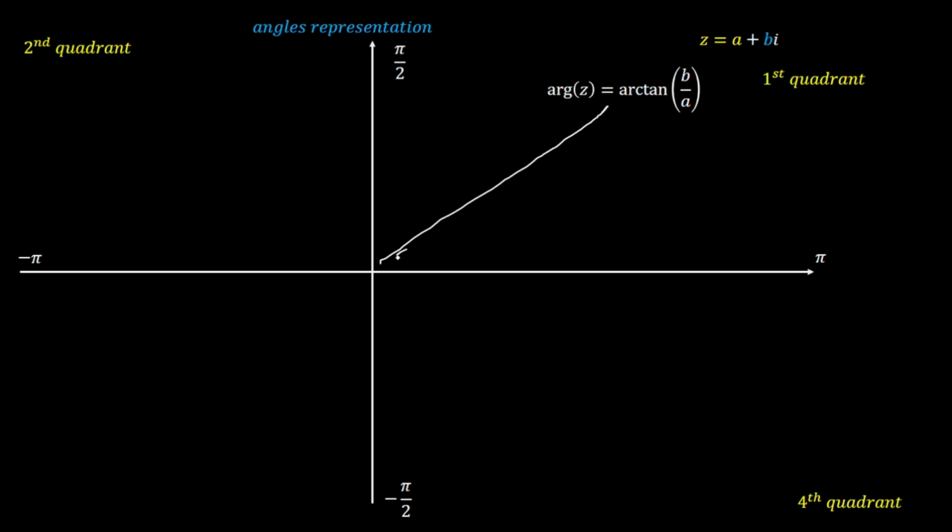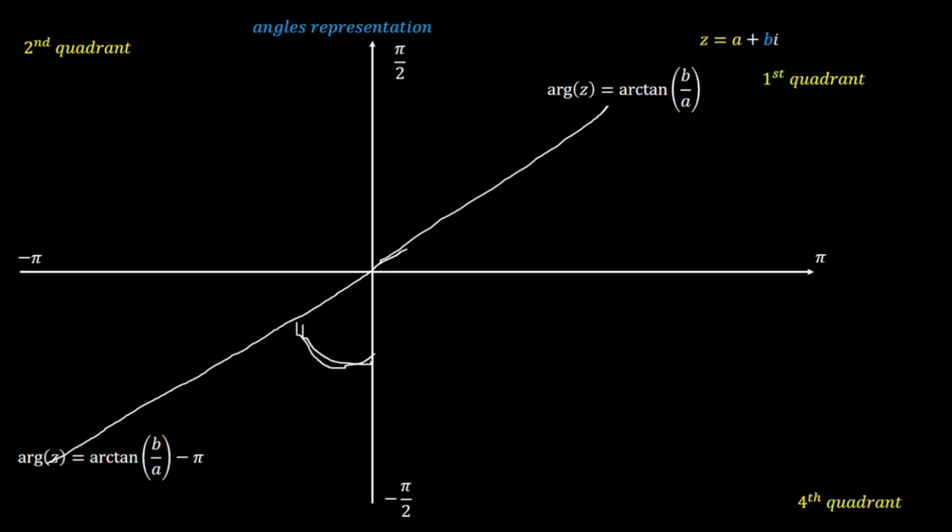If you extrapolate r here, what will happen at this point? Will the angle be the same? That's the question. No, since we are in another quadrant, here we have negative and negative. The angle here will be arc tan of b on a minus pi, because we are in another quadrant and we have a pi here, and we just move on so as to complete it, so as to have the exact angle.